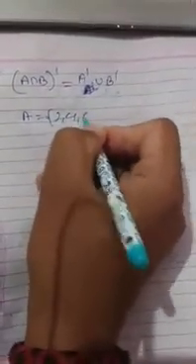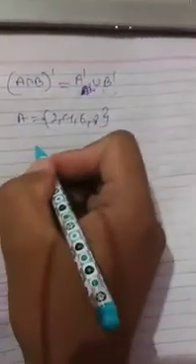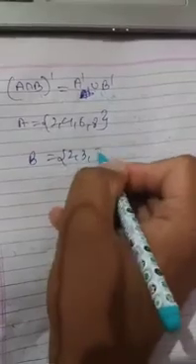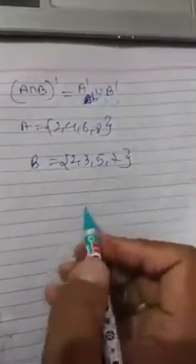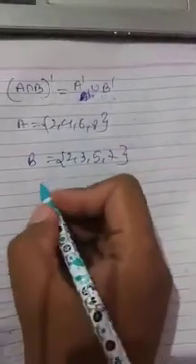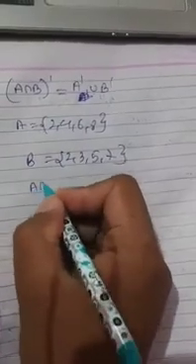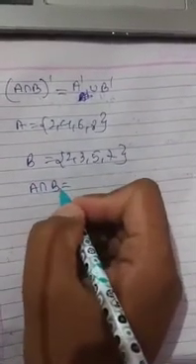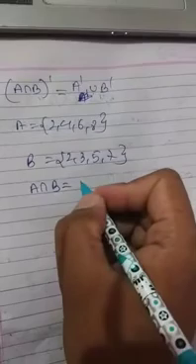Okay, so first we have to find A intersection B. And what is A? We have A as {2, 4, 6, 8}, and B as {2, 3, 5, 7}. So check the similar elements. So similar elements, A intersection B, only 2 is there.